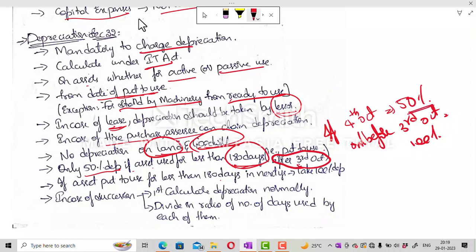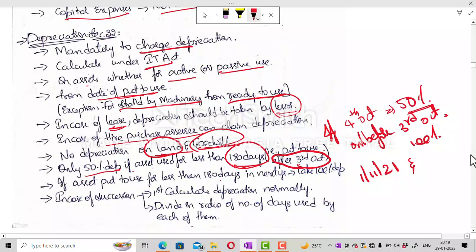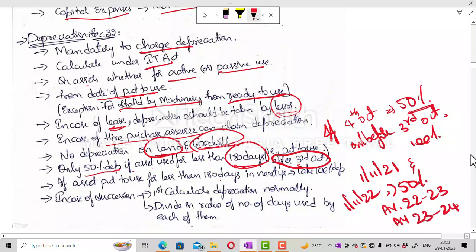The other thing is, see, if you have purchased an asset on 1/11/21 and you haven't put it to use this year, if you put it to use this year, this is after 3rd October, you can take 50% deduction for the assessment year 22-23. But if you put it to use in the next year, meaning 1/11/22, then for assessment year 23-24 you need to take 100% deduction, not 50%, because they have given that rule.